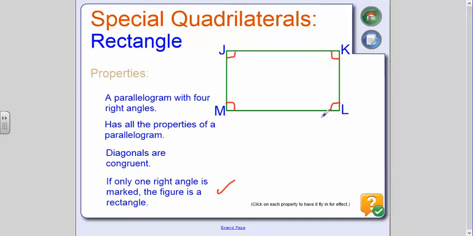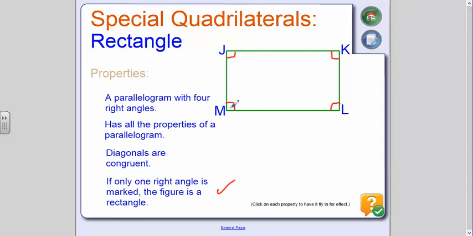So if one angle is written as 90 degrees, the opposite angle has to be 90 degrees. And then the other angle property of a parallelogram was that the consecutive angles added up to be 180. So if one of the angles is 90, the other angle has to be 90 to add up to 180 degrees.